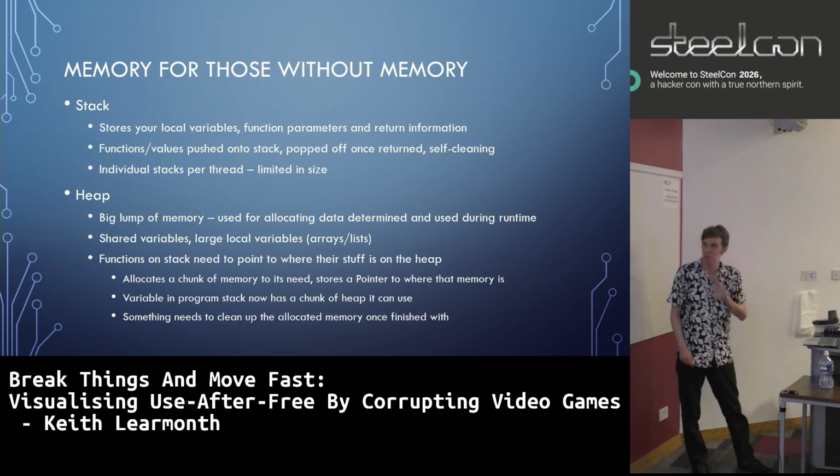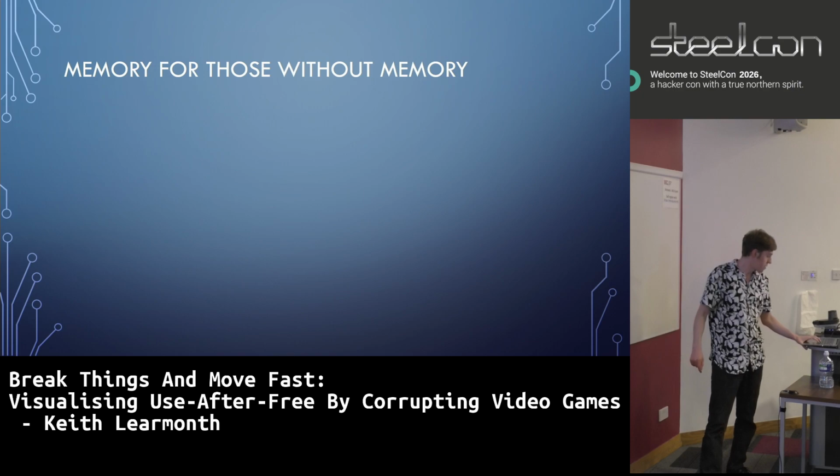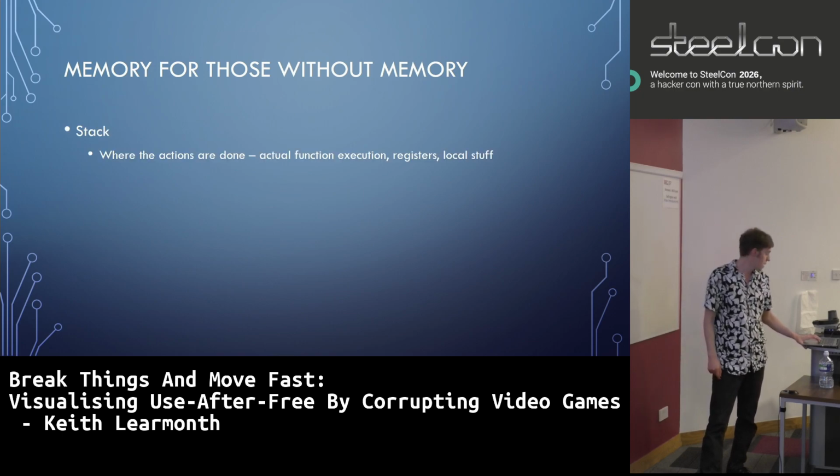It's not automatic. Something needs to go in and say, okay, I'm done with this chunk of memory, and deallocate it. To simplify even further to the point of barely being true, the stack is where the actions are done, like the actual function execution, and the heap is where the stuff that's being actioned on sits.